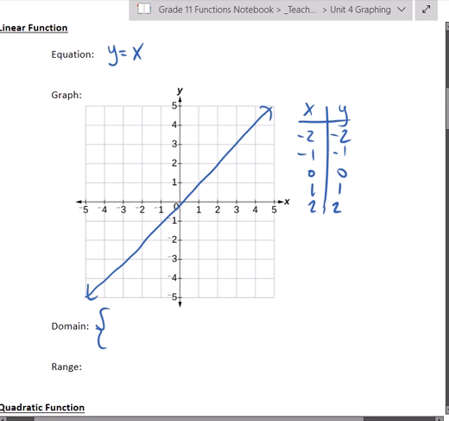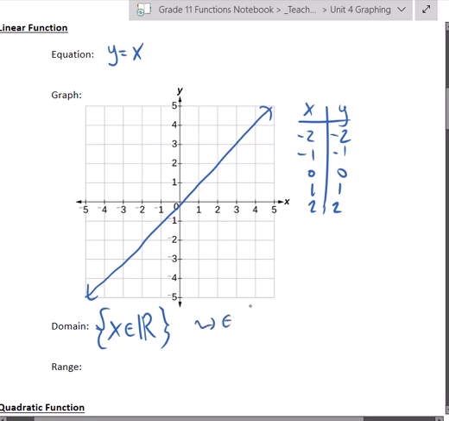So we look at our function and we think, okay, x can pretty much be any value. So if x can be anything, then we say x, and we say this little e, this is epsilon, and then we have this kind of strange looking R here. This is saying x is an element of all real numbers.